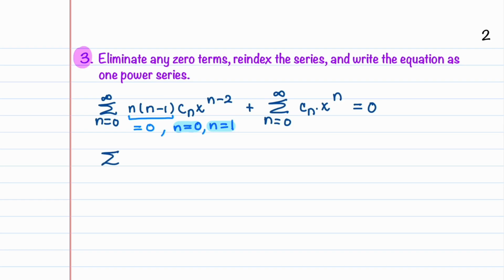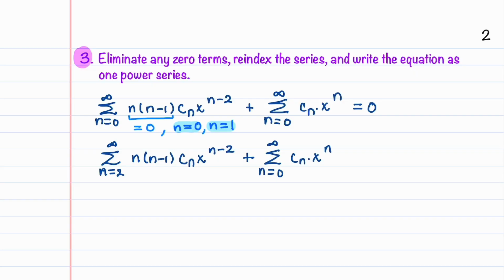So we have the sum, n goes from 2 to infinity, n times n minus 1, c sub n x to the n minus 2, and then for our second sum, it doesn't have any 0 terms, so we're just going to rewrite it. That's the sum, n goes from 0 to infinity, c sub n x to the n, and that's equal to 0.